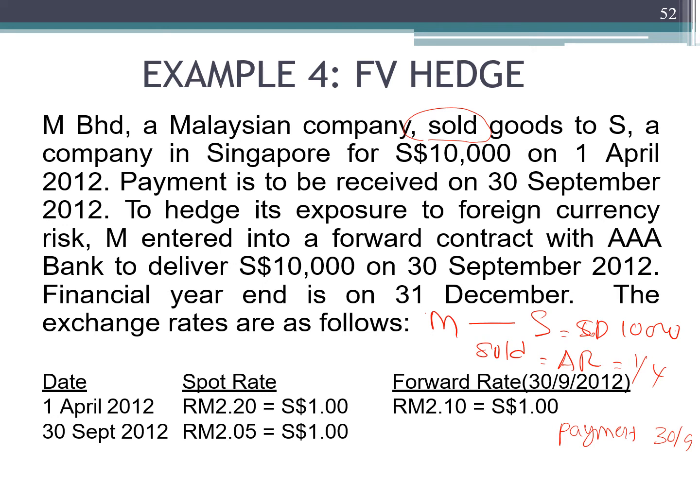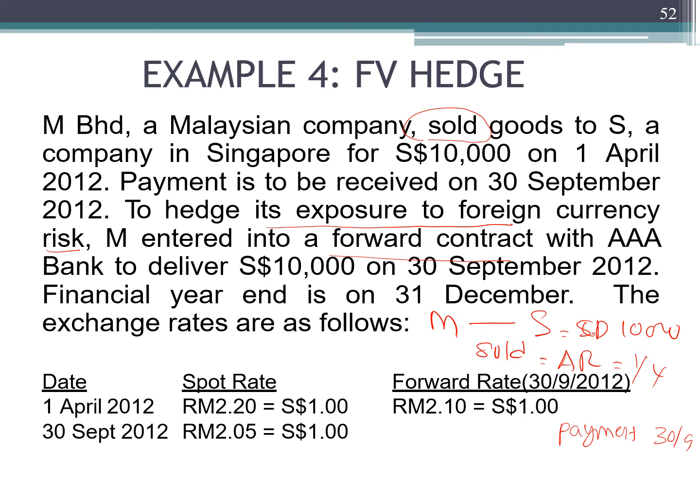To hedge its exposure to a foreign currency risk, because there are changes in the Singapore dollar, M enters into a forward contract with AA Bank to deliver Singapore dollar 10,000 on 30th September 2012.